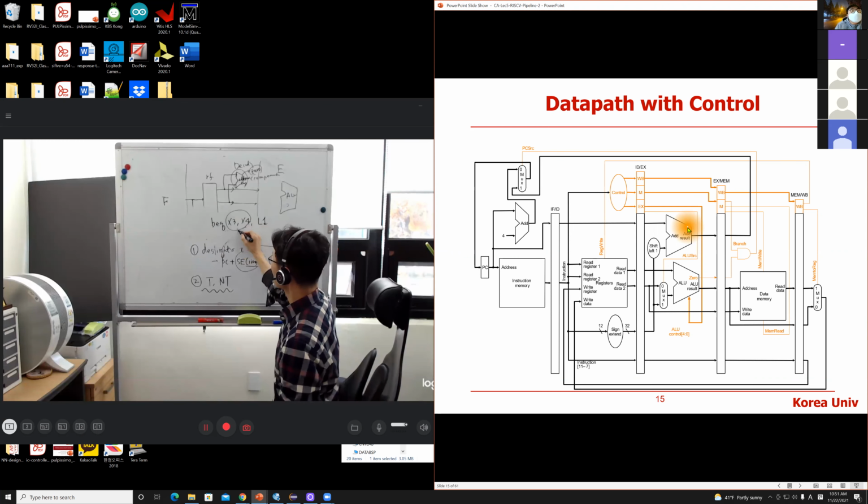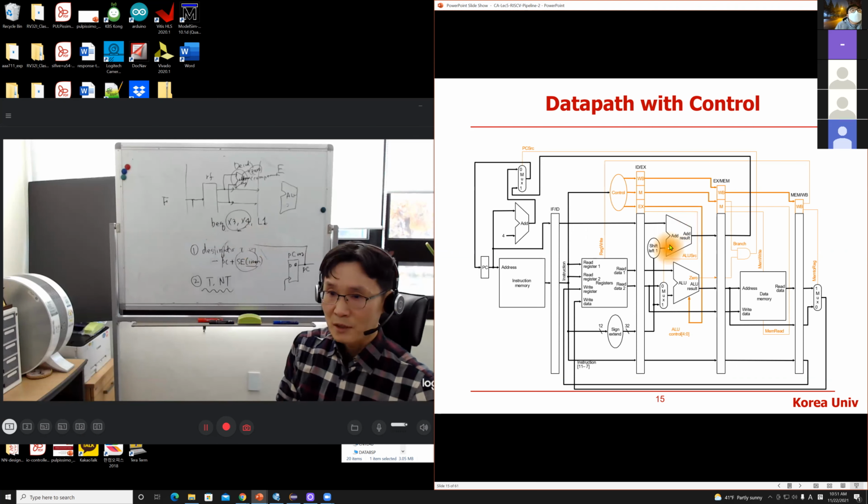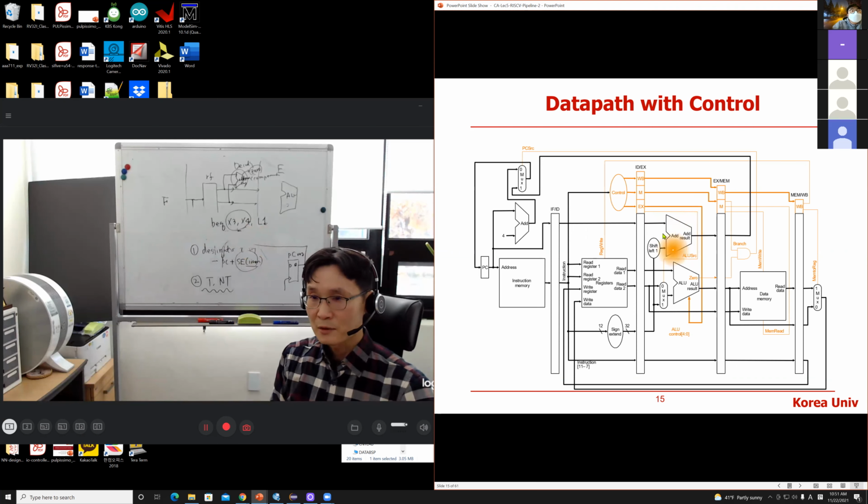That comparison is a subtraction, done in this ALU. But if you look at this schematic diagram, look at this signal, branch. The branch control signal is passed to execution, then passed to the memory access stage.